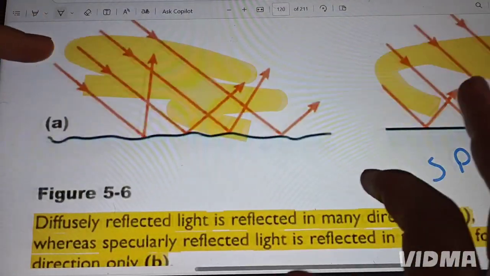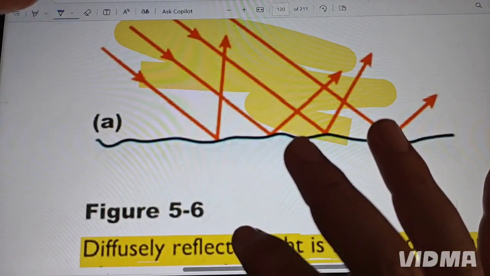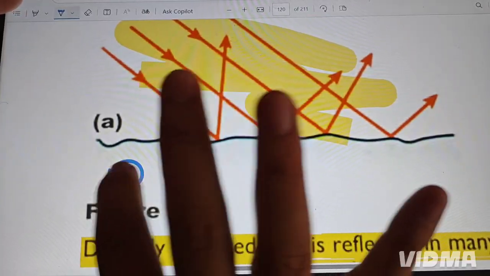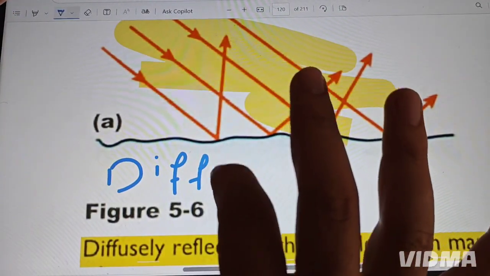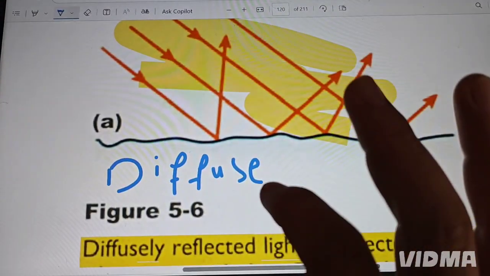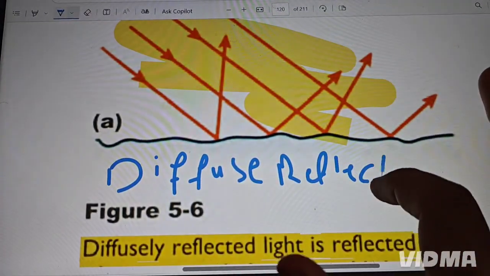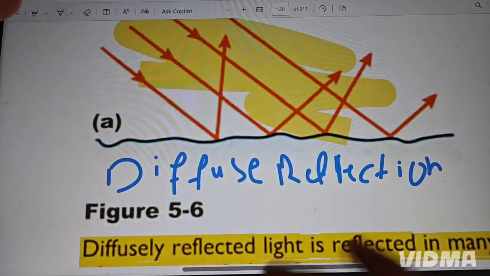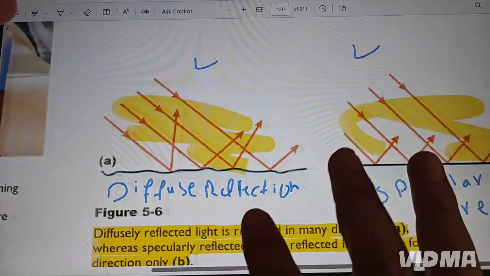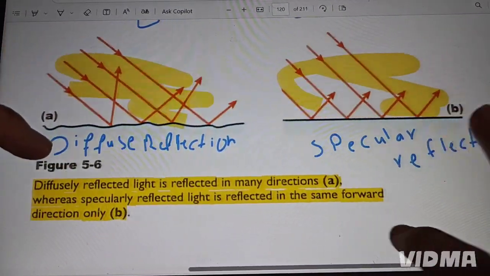This is the second type of reflection, which is called diffuse reflection. So there are two types of reflection. This is called specular reflection. That one is called diffuse reflection.